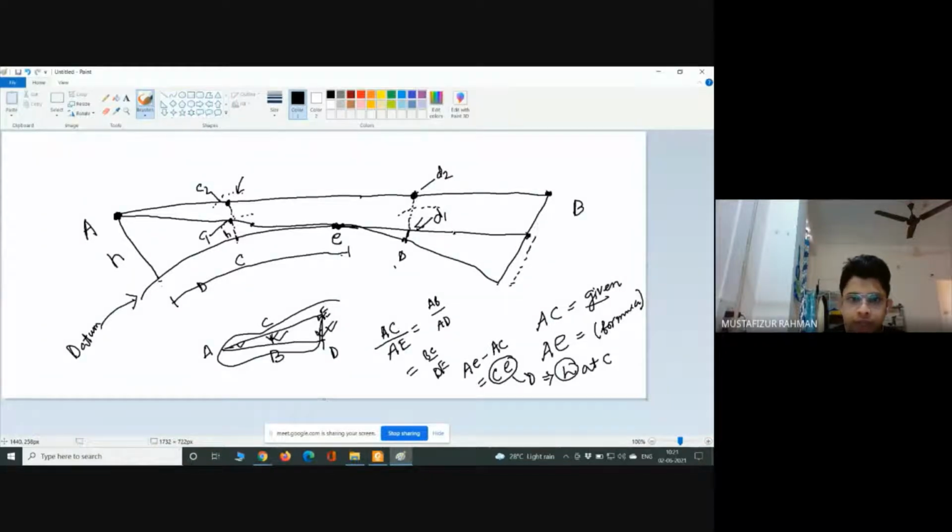And then we will be able to find out the elevation. We already know the elevation of point B. That means we know this distance from the reference point, or reference line, or datum. What is the elevation at point B? This value we know, we found it from the first calculation.